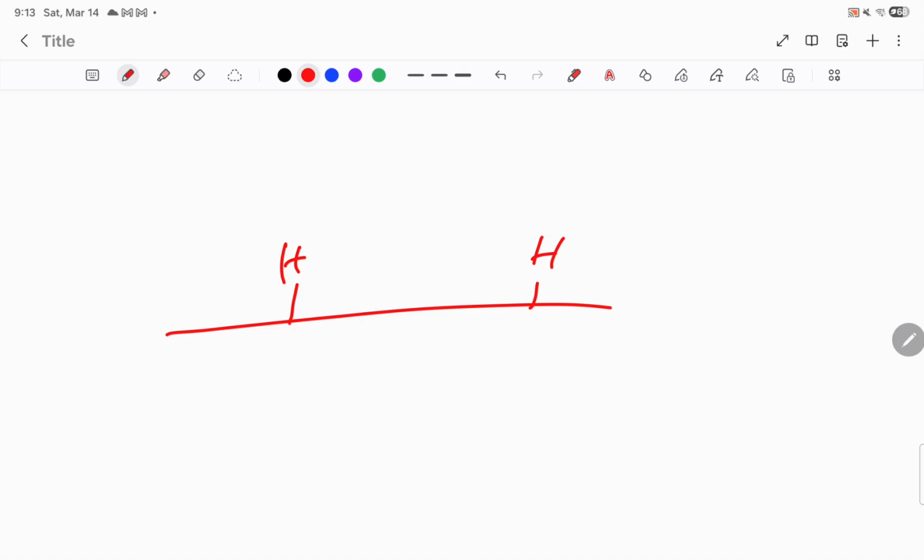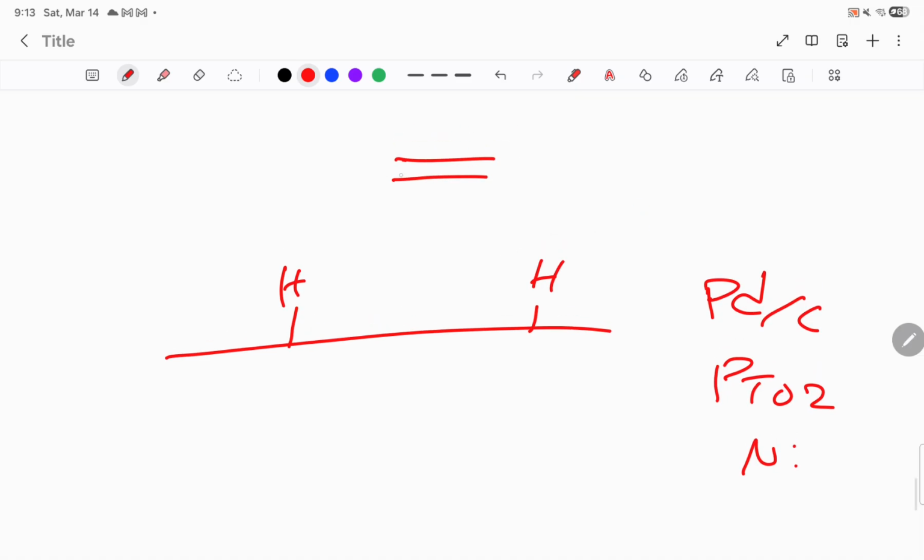Again, my metal catalyst can be anything such as palladium on carbon, platinum dioxide or nickel, but this is the surface of the metal catalyst. Molecular hydrogen will adsorb to the surface. Then we will get my alkene. Let's show it this way. It will adsorb to the surface.